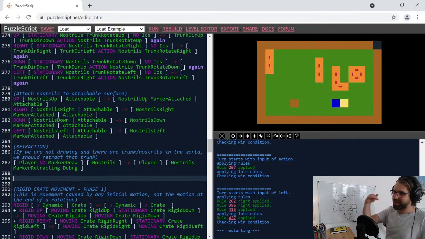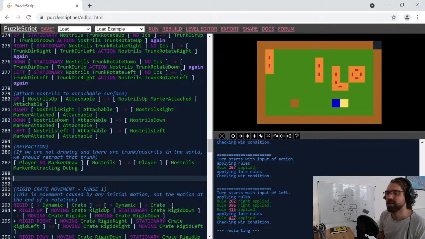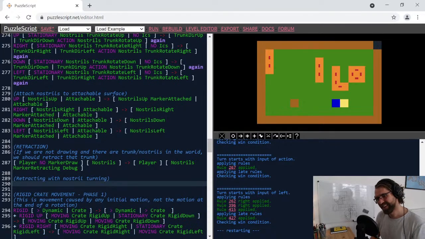I want them to stay in the same orientation, which will look weird in certain places. I guess I do want them to turn if there's nothing attached to them. Okay, so let's assume we're turning. Retraction with nostril turning. This is the weirdest code I've ever written.